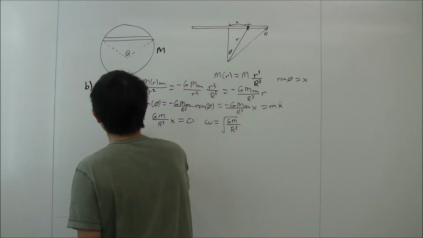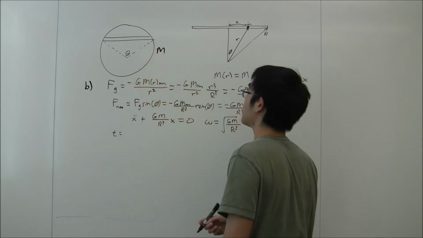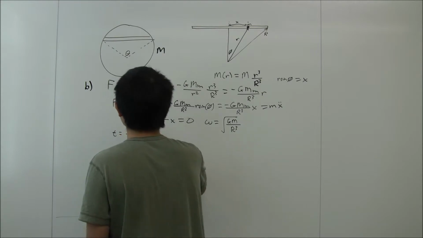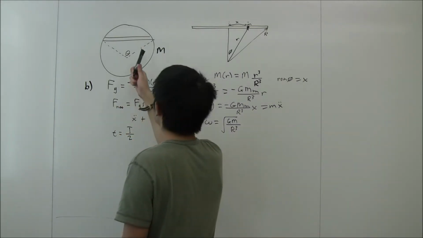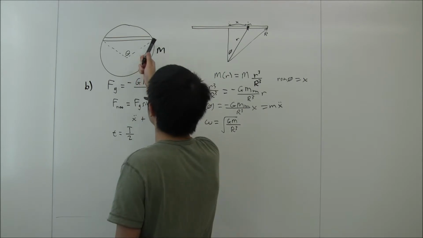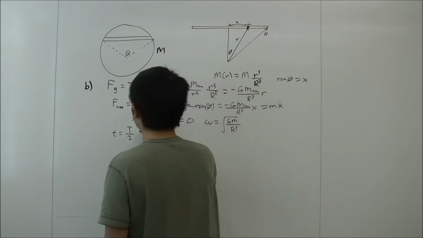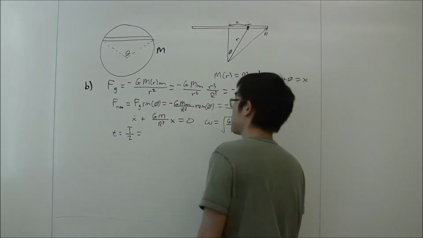Now the time it takes for the astronaut to go from one end of the tunnel to the other end of the tunnel is just going to be given by the period of oscillation divided by 2, since the period is just going to be the time it'll take for the astronaut to go from one end of the tunnel and then back again. So if we divide that by 2, we get the time it'll take to travel one way.